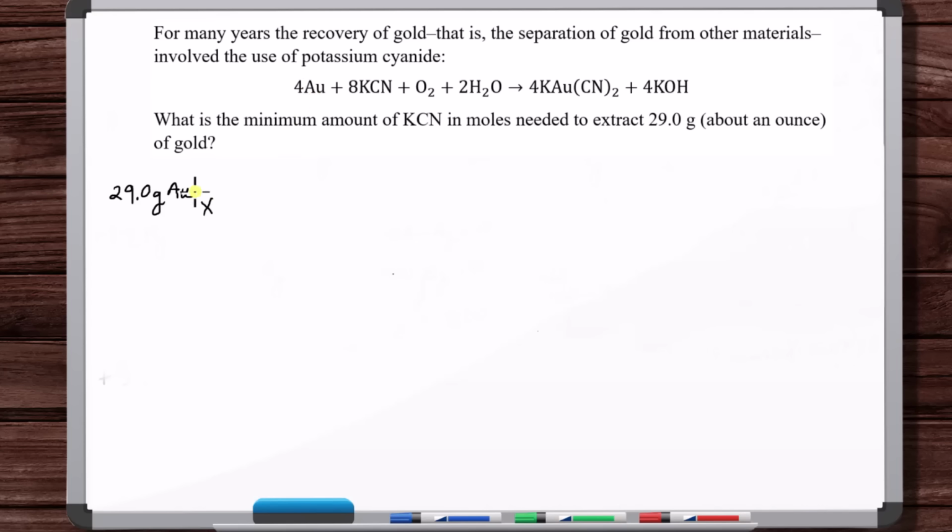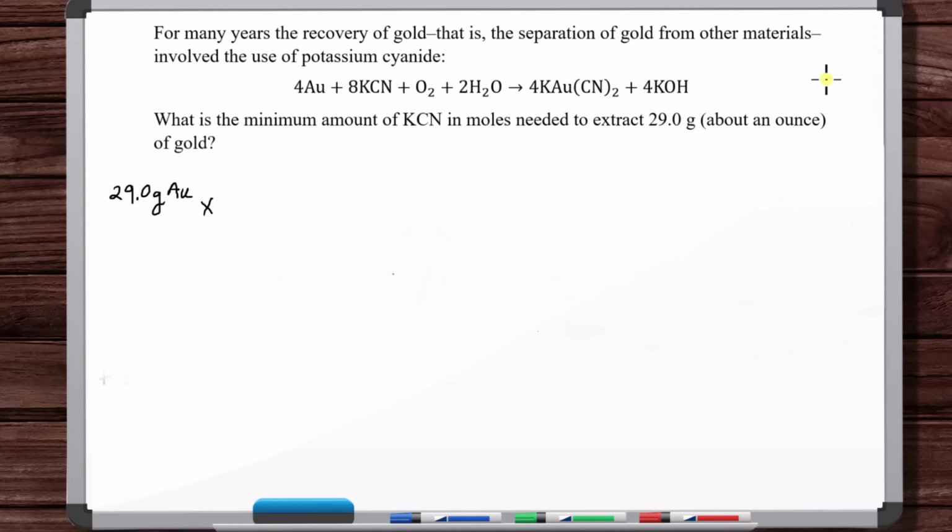But anyway, the minimum amount of potassium cyanide, that's saying, so according to this reaction, for all 29 grams of gold to be used up, how much potassium cyanide do you need? So we're going to convert this grams of gold to moles, then use stoichiometric equivalency to get to moles of potassium cyanide, and then we're done. They're not asking us for grams of potassium cyanide.